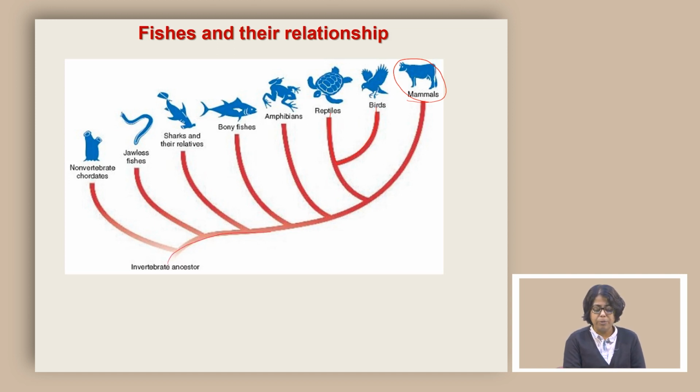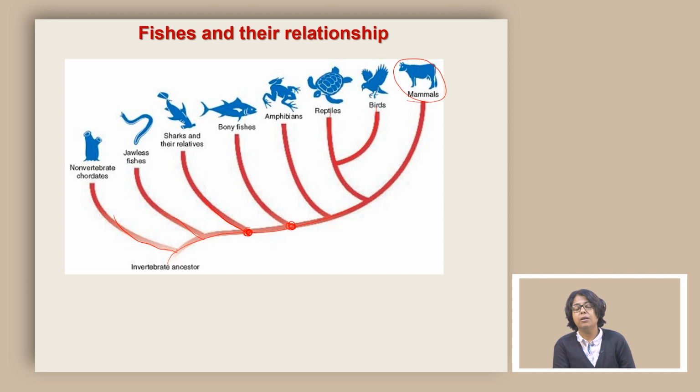So, if we really have to draw how groups are related to each other, we are going to find this kind of branching pattern, where each time we will see some of the groups branching out. Now, there are different ways of making these diagrams, but one thing is for certain, that any branch which goes off is earlier in time than the branching that follows.